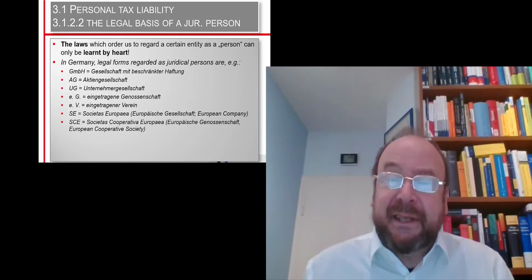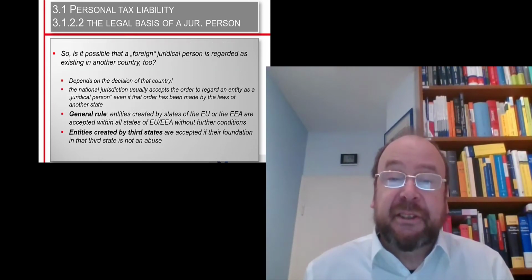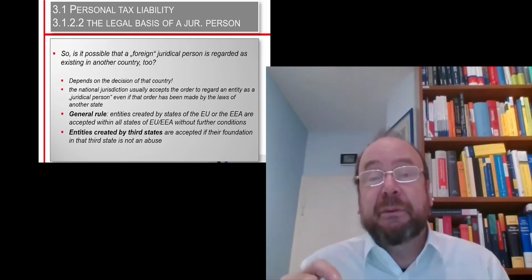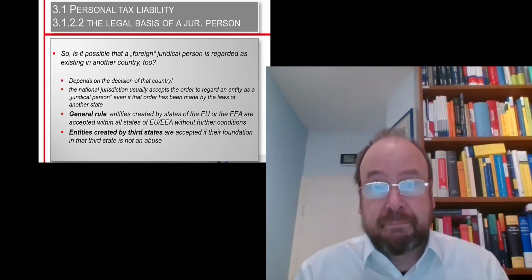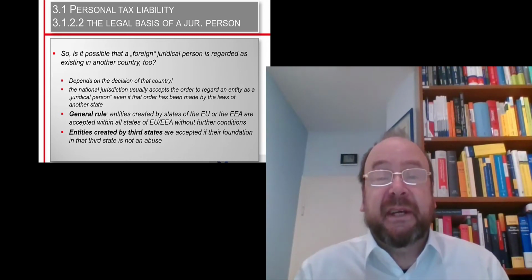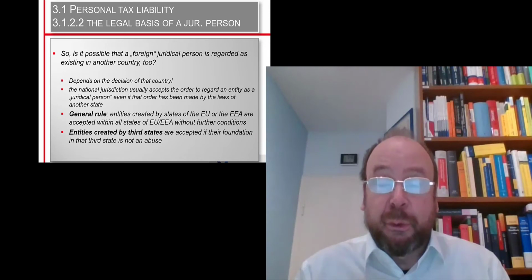So most states say we decide to accept the decision of other states. If a foreign state says something is a juridical person, then we usually take over that decision and accept it by our own will.